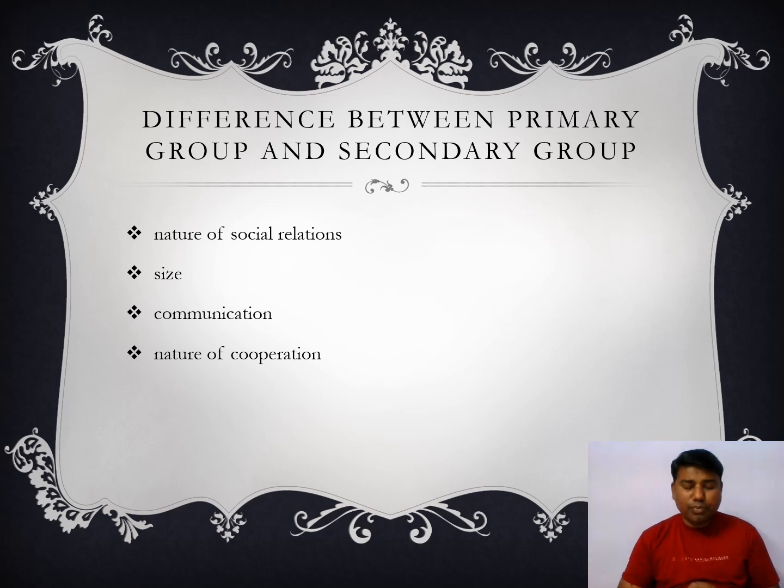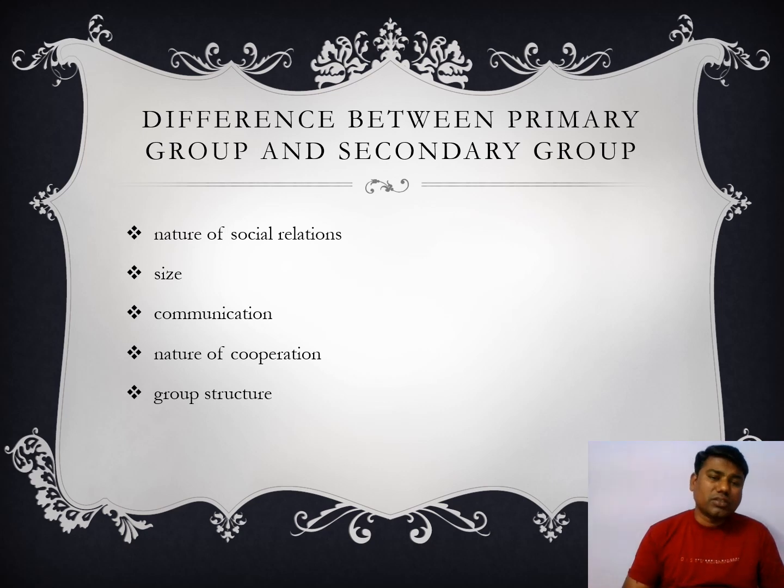The nature of cooperation is very close, and the members seek help and cooperation from one another in primary group, whereas in secondary group the cooperation is less. The members of the secondary group may not be knowing one another.